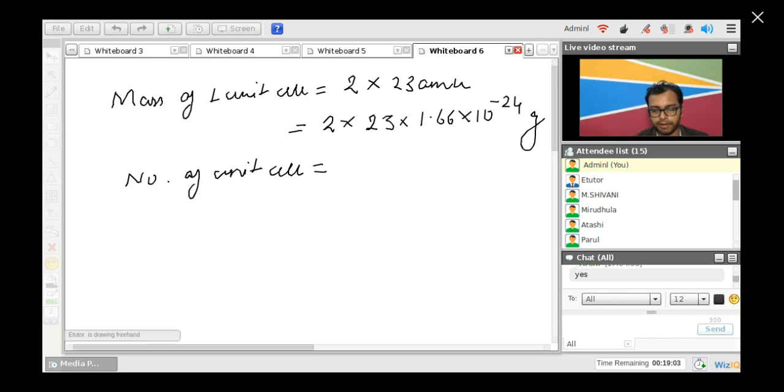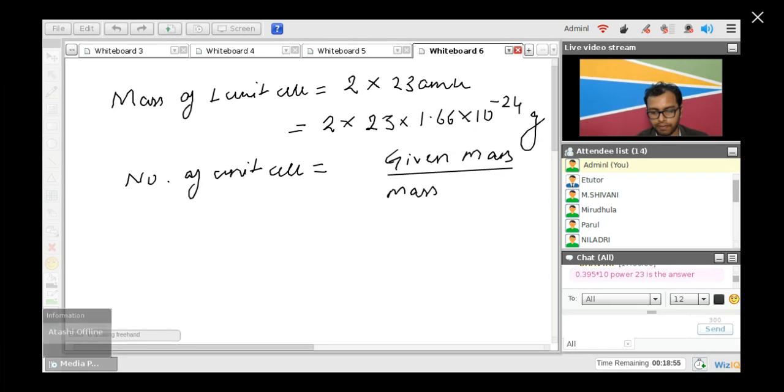by dividing the given mass by the mass of one unit cell, right?